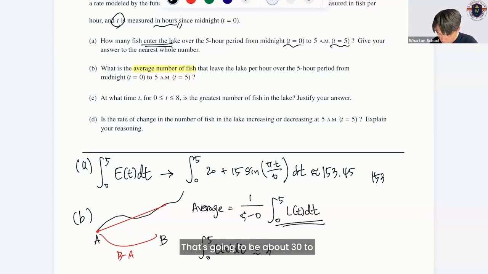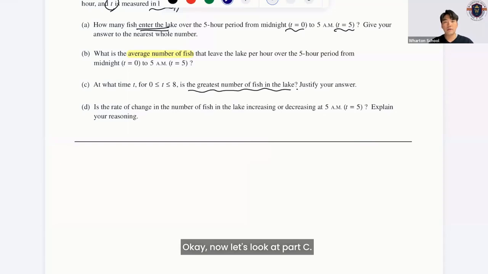That's going to be about 30.5 in the calculator. Since we're calculating the average, you divide this by 5, which gives you about 6 fish per hour. Okay, now let's look at part C.